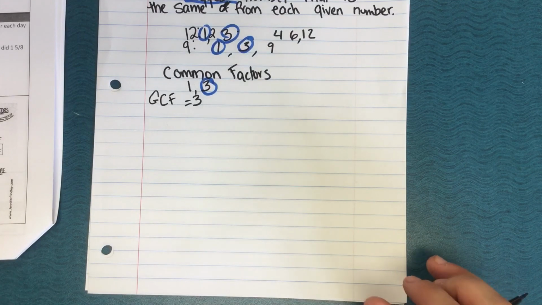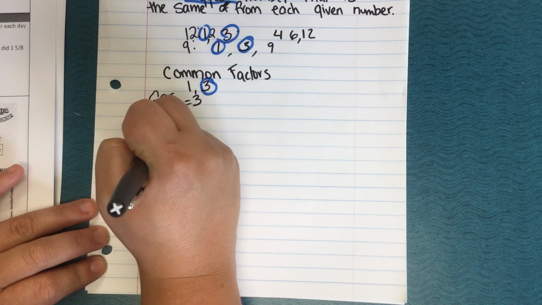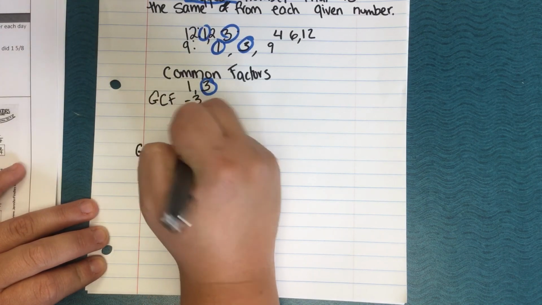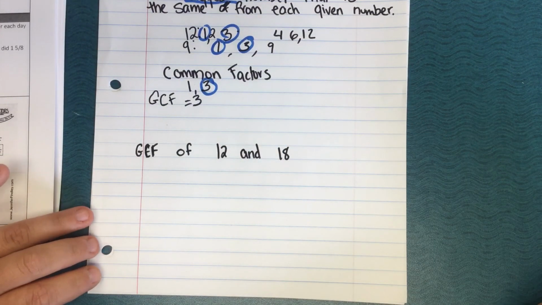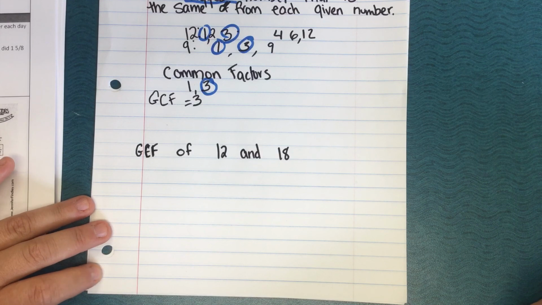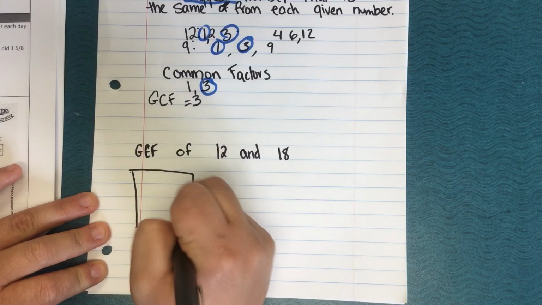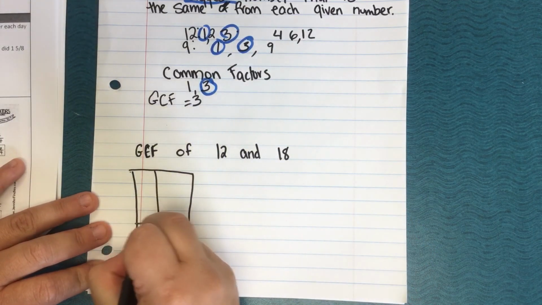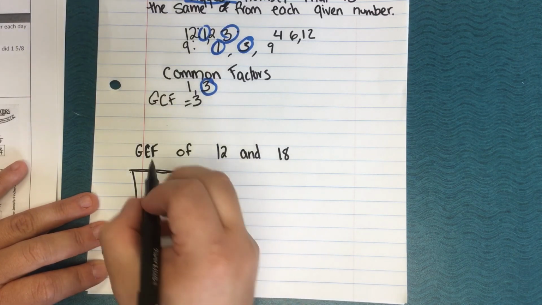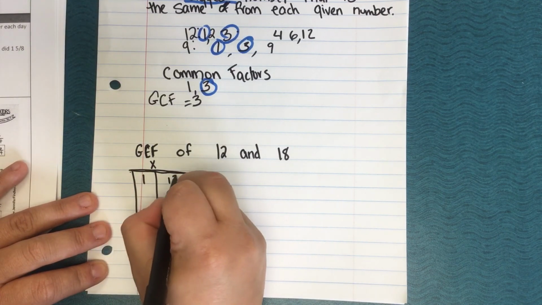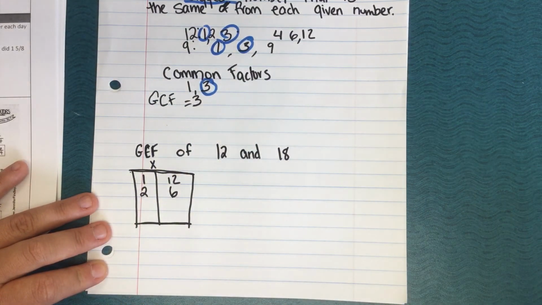Okay, so let's try another set of numbers. I'm looking for the GCF of 12 and 18. One strategy we can use to solve this is a table. I can write this like a little multiplication chart. 1 times 12 gives me 12. 2 times 6 gives me 12.